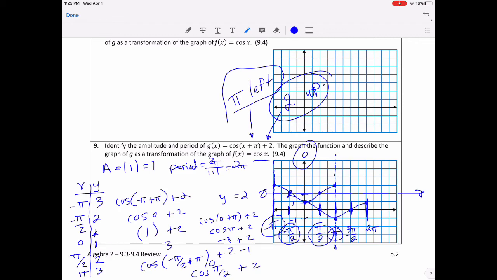So, shifted pi left, 2 up. Remember, we started with that midline first. It's got the same period length, but remember, I added that period length to where my new starting point was here at negative pi. And I added whatever it was divided in 4 parts each time, and then it got me to pi, finally where it finishes after 1 period.